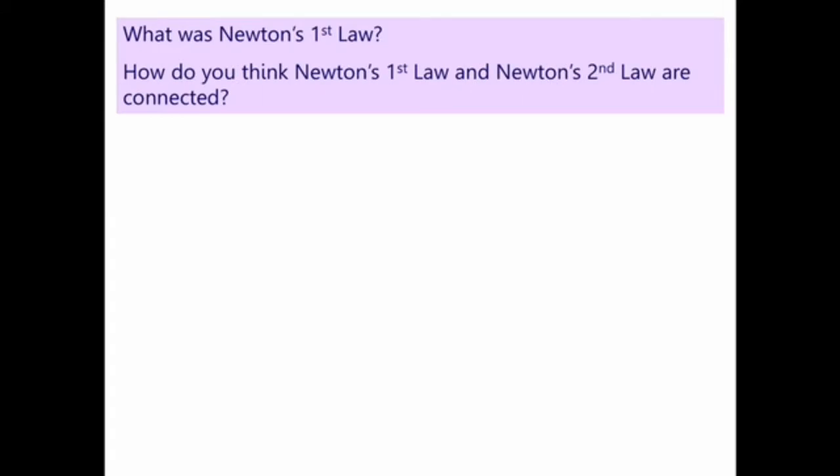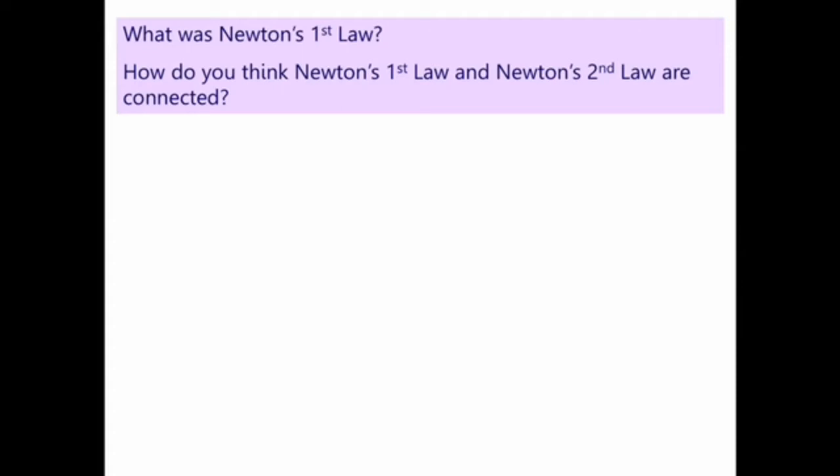Let's do a little reminder. Can you remember what Newton's first law was? Have a think for a minute, see if you can remember from the last video. Well, Newton's first law told us that if the resultant force is zero, the velocity won't change.